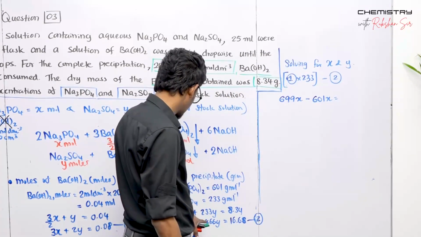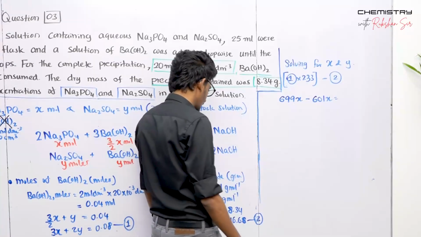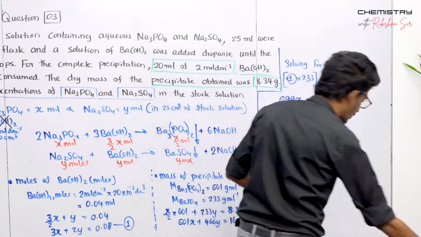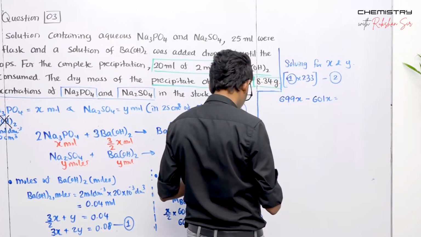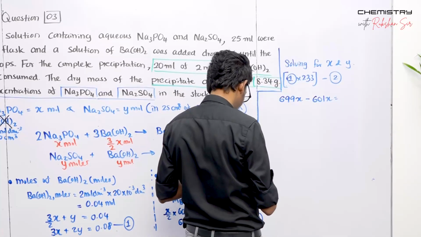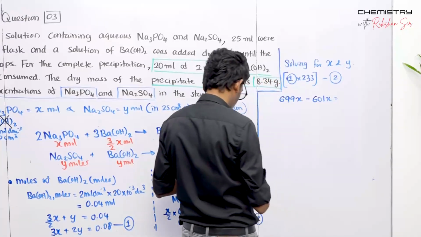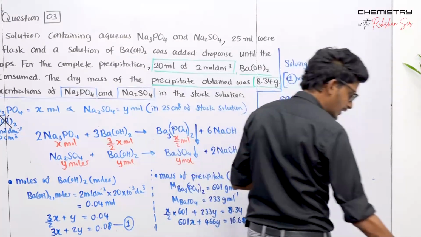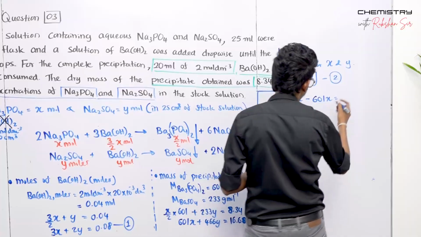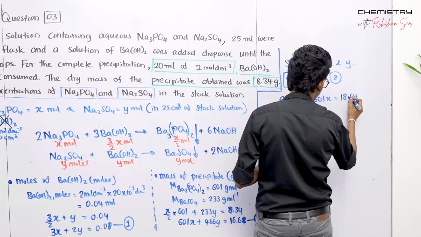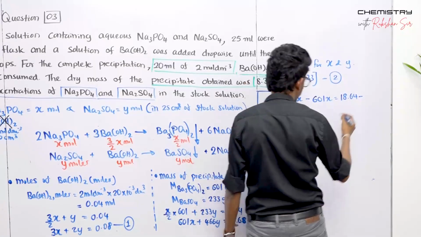Equal to this into 3, right? So 0.08 into 3. Let's come up with that value. 0.08 into 3, the value is 18.64, that value minus this value 16.68.